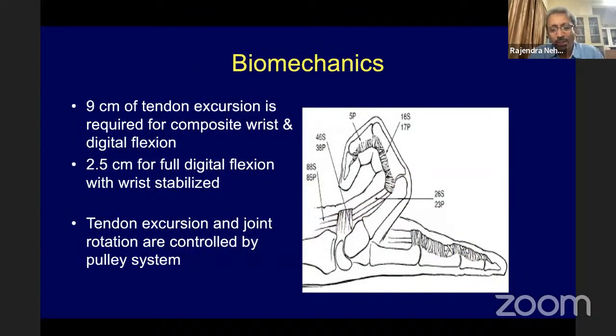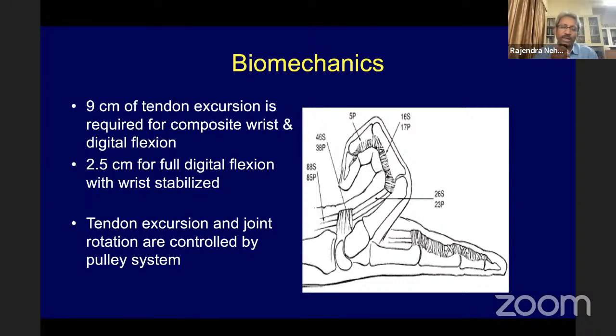So what is the biomechanics of the pulley? Nine centimeters of tendon excursion is required for complete wrist and digital flexion, so that your fingertips touch the palmar crease. And 2.5 centimeters is required for full digital flexion with the wrist stabilized.